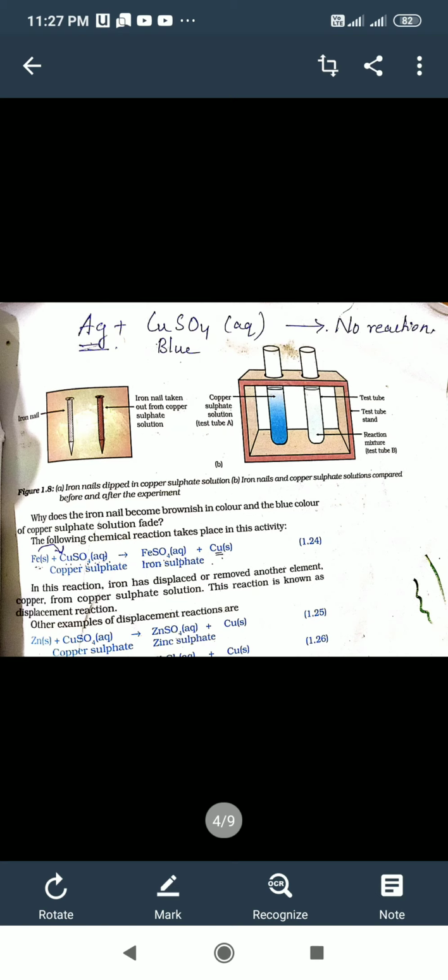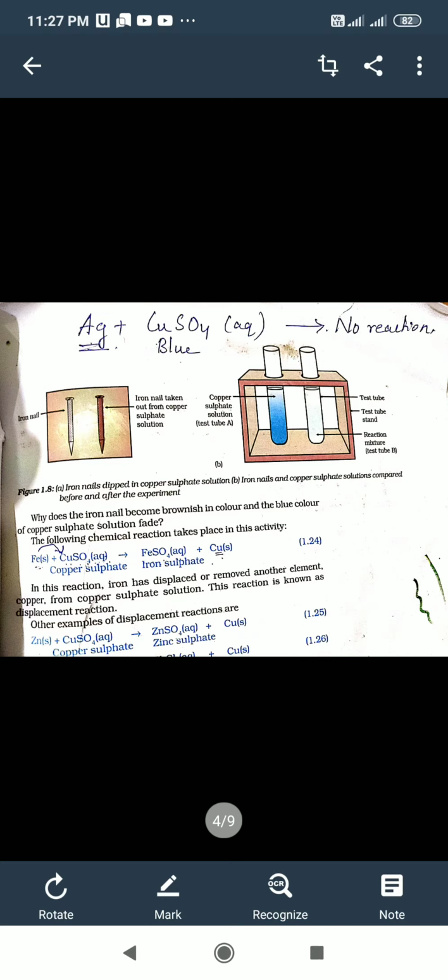After 20 minutes we take out the iron nail from the copper sulfate solution and compare it with the original iron nail. It is observed that after the experiment a reddish brown coating is obtained on the surface of the iron nail.